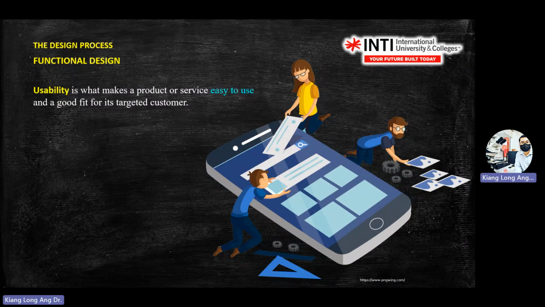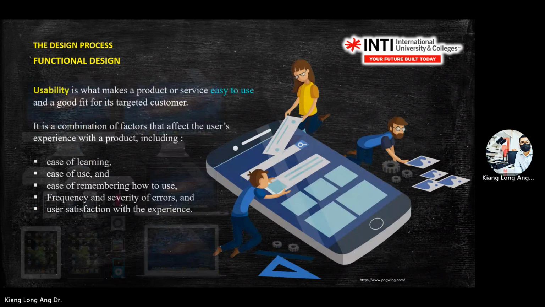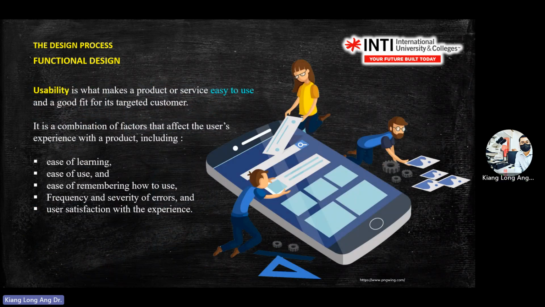Okay, next is usability. Usability is being easier to use. The factors that affect the experience are ease of learning, ease of use, ease of remembering how to use it, meaning the psychomotor memory, frequency of error, and user satisfaction with the experience.